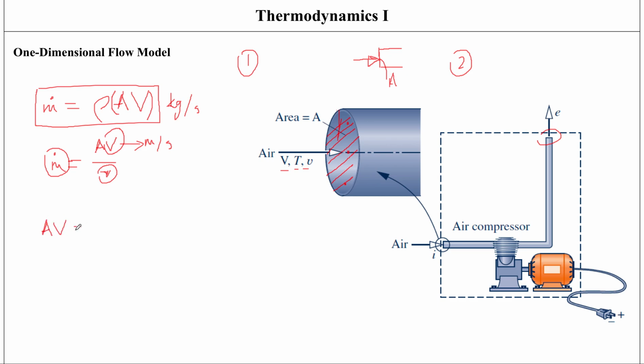What would be the units of this? Could you work it out yourself? If you multiply area by velocity, it's going to be meters squared times meters per second, so the units are going to be meters cubed per second for volumetric flow rate.